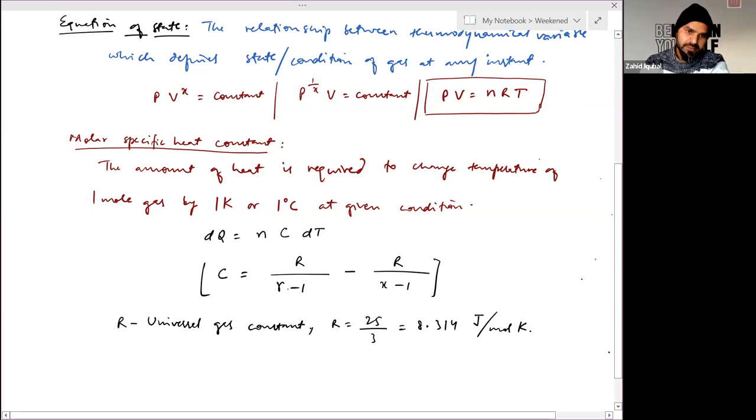I'm defining what you mean by this particular gamma. So in general, the specific heat of any gas is defined by this expression. So it is the general expression of molar specific heat constant for any different process. Is it clear?